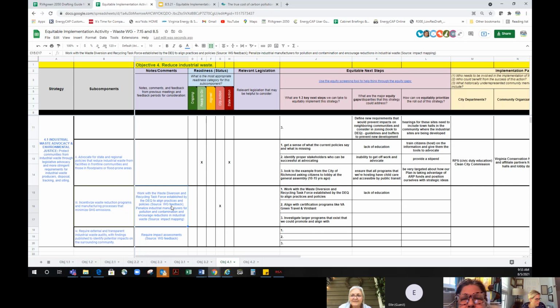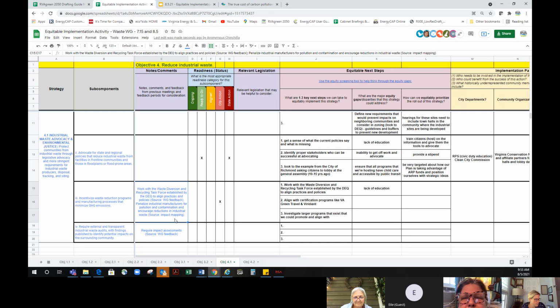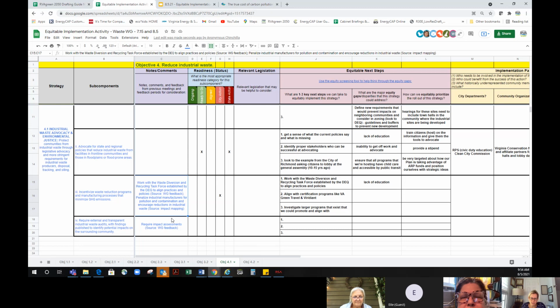Okay, so I like working with them. And then this: penalize industrial manufacturers for pollution and contamination, encourage reductions. I do think that watchdog, like, are there watchdog groups in Richmond that keep an eye on industrial waste? I don't know of any.